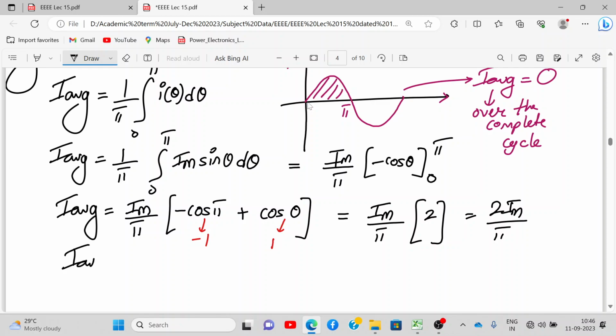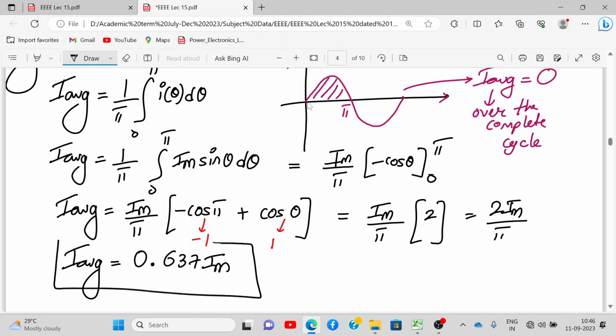I average is, calculate 2 by pi, 0.637 times Im. Got it? That is if you consider only the half cycle. If you consider the full cycle, it's 0. But if you consider only the half cycle of a sinusoidal AC waveform, then it will be 0.637 times Im.